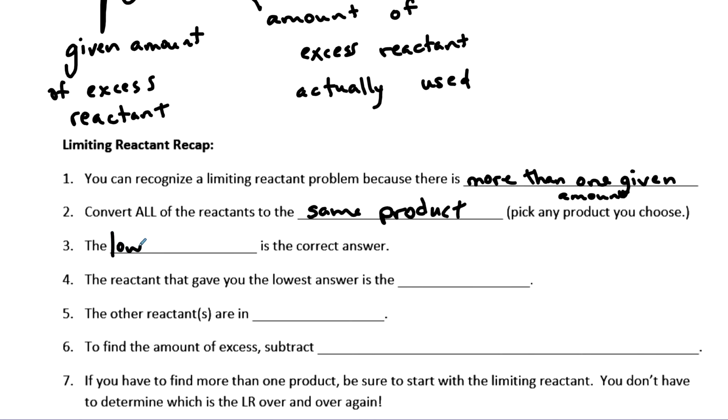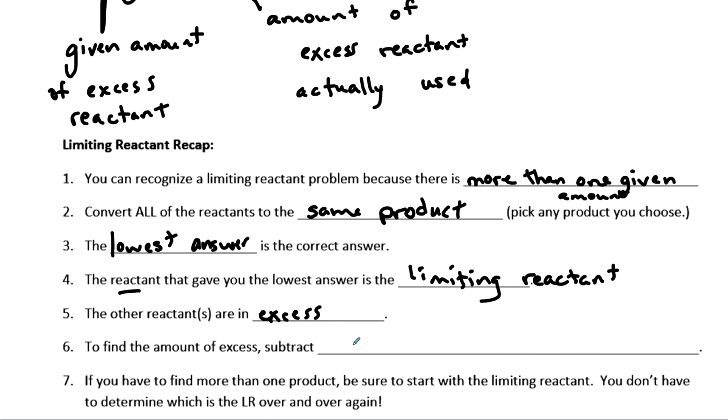When you're converting both reactants to the same product, the lowest answer is what you're actually going to get out of the reactant. So that's kind of what the next part says. The reactant that gave you the lowest amount is the limiting reactant, right? Because it's the one that's going to run out first. The other reactant or reactants, you'll only ever work with two, is considered to be in excess.